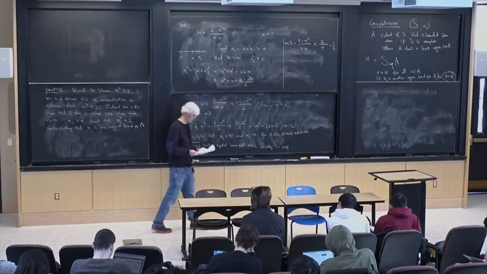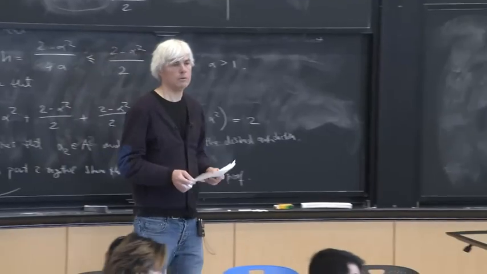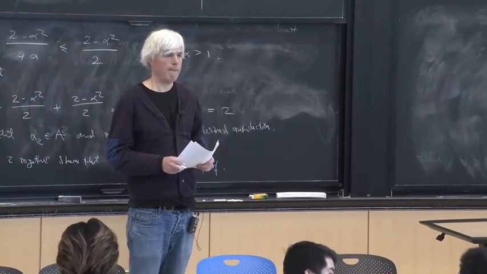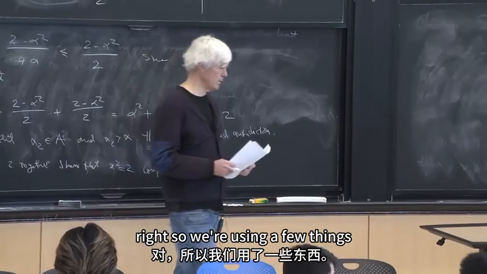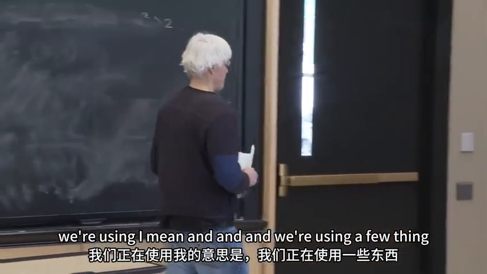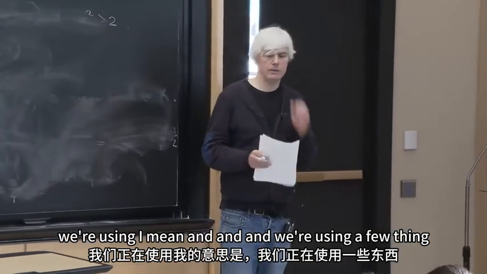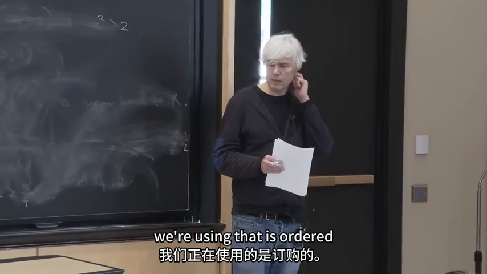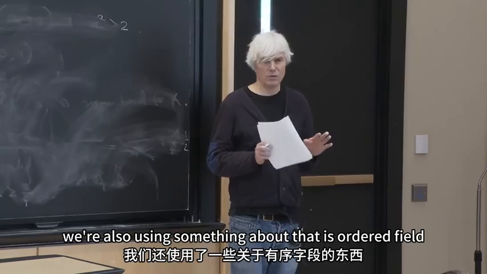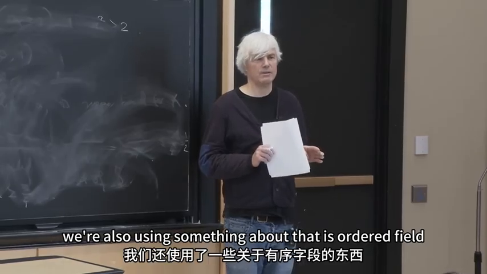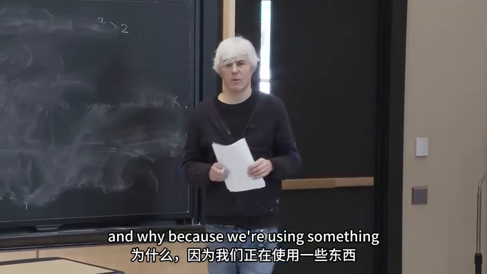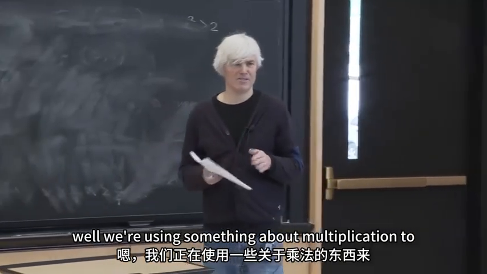Yeah. What property of the real numbers is used for this? Like, a number is real if it's the least upper bound of a set? Right. So we're using a few things. We're using that R is ordered. We're also using something about R being an ordered field, because we're using something about multiplication to define the square root at all.